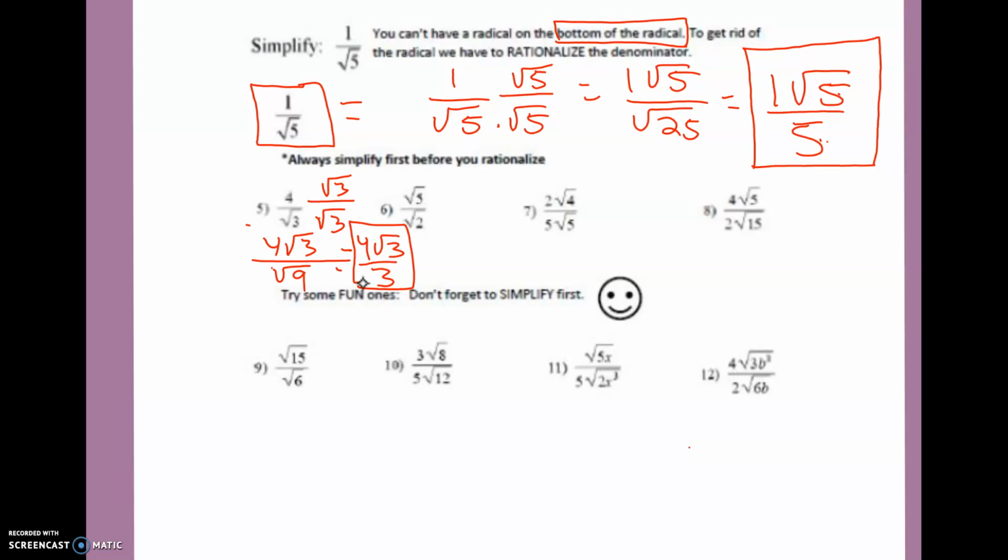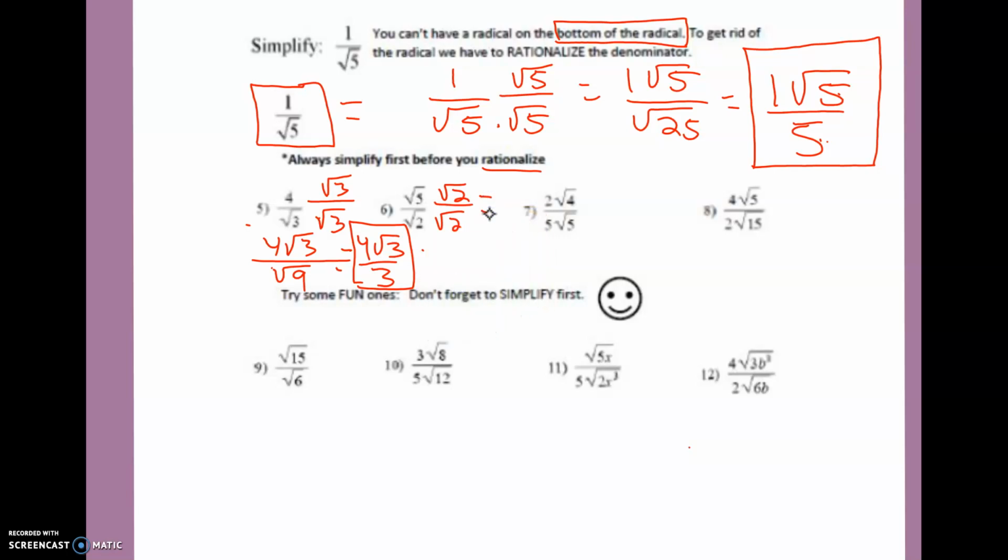All right, number 6, 5 and 2. I'd see if I could simplify it first, but no, I can't. 2 does not go into 5. So I'm going to have to go to my rationalization. I'm going to multiply the bottom and the top by radical 2, because that's how I'm going to get rid of the radical on the bottom.